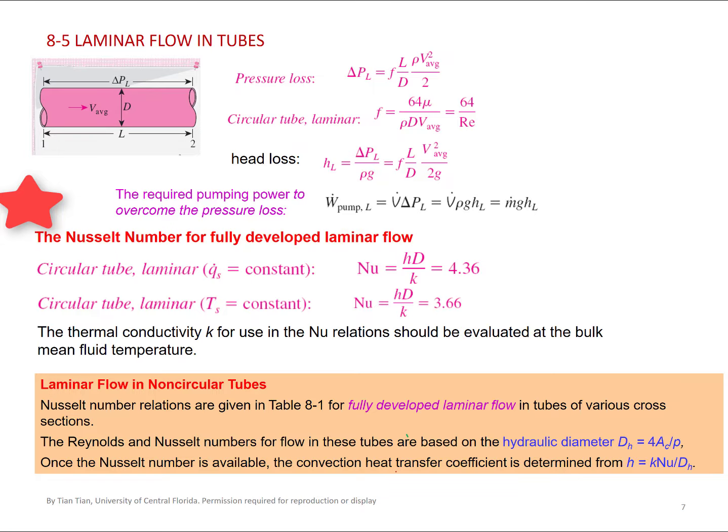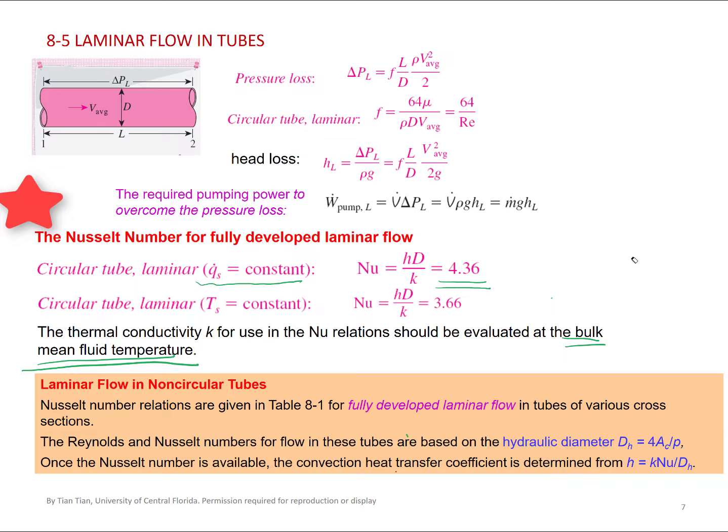If it's fully developed laminar flow with constant surface heat flux, then the Nusselt number is simply a constant 4.36 for a circular tube. For fully developed laminar flow with constant surface temperature, the Nusselt number is a constant 3.66 for circular tube. The thermal conductivity k should be evaluated at the bulk mean fluid temperature.